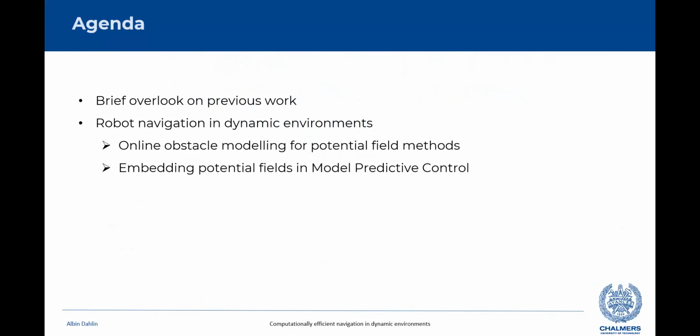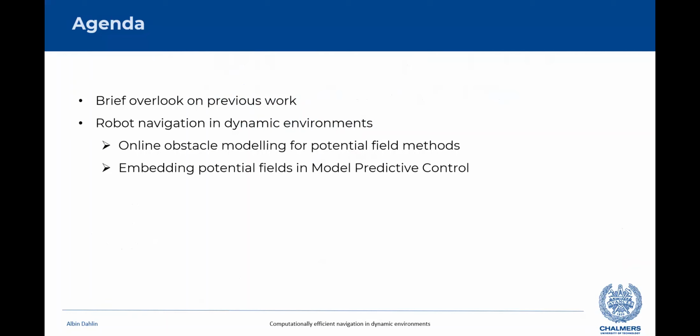So to give a quick background on what I've done, I will start by giving a brief overview of the work from my first PhD period, and I will then go into the topic of today, robot navigation in dynamic environments.